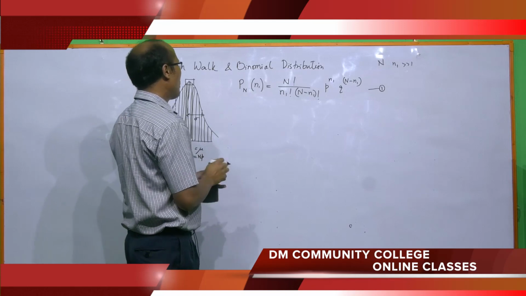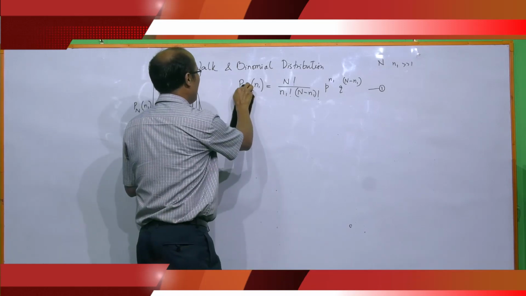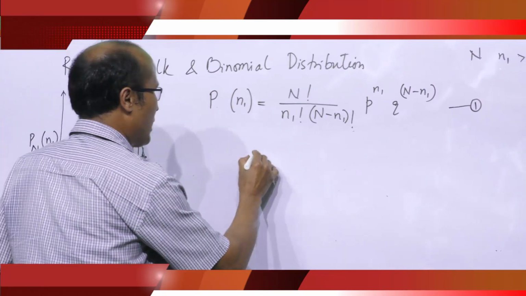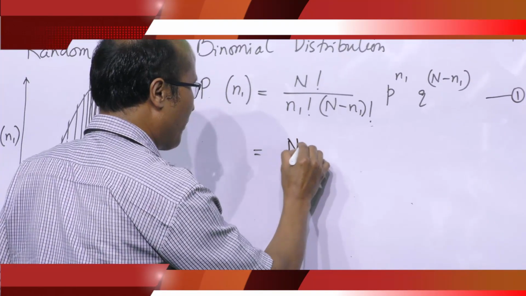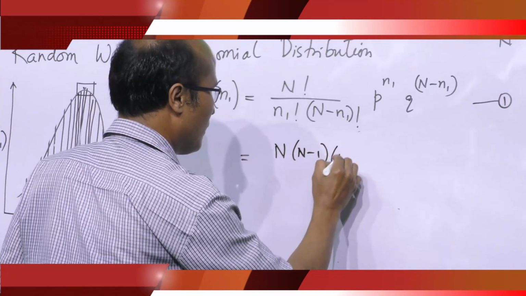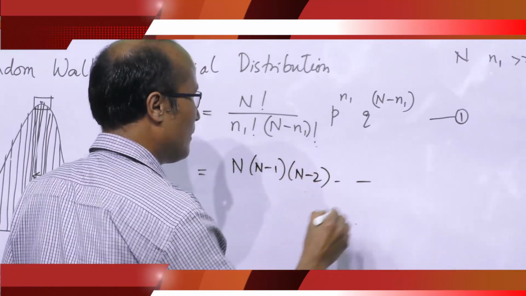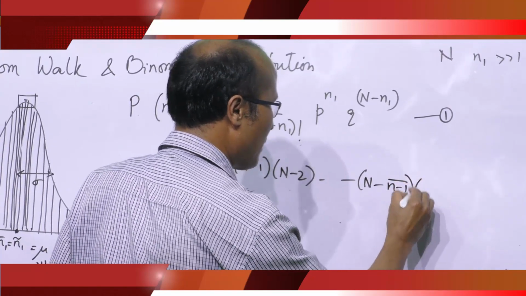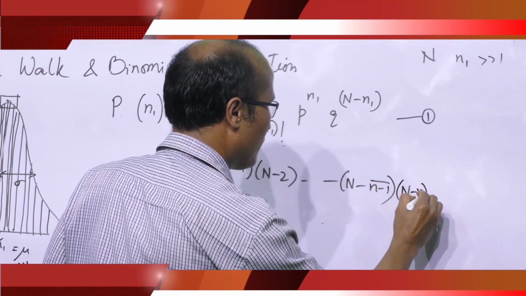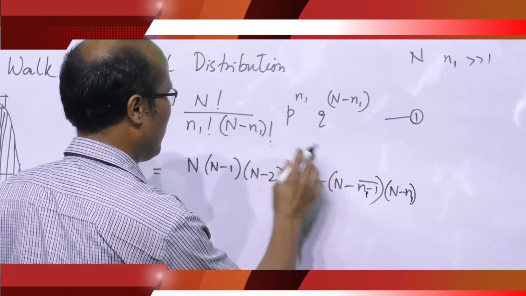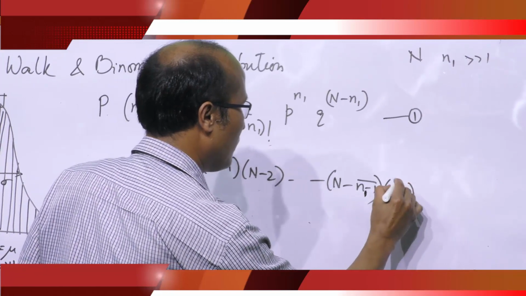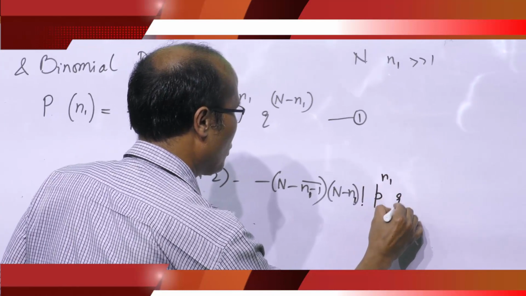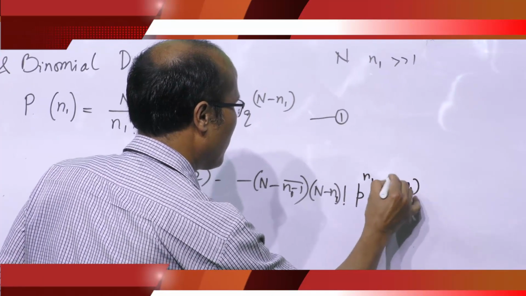P of n1, and I will just drop the subscript n for convenience, we can write as n times (n minus 1), (n minus 2), and so on, up to (n minus n1 plus 1), divided by n1 factorial, times p to the power n1, q to the power n minus n1.